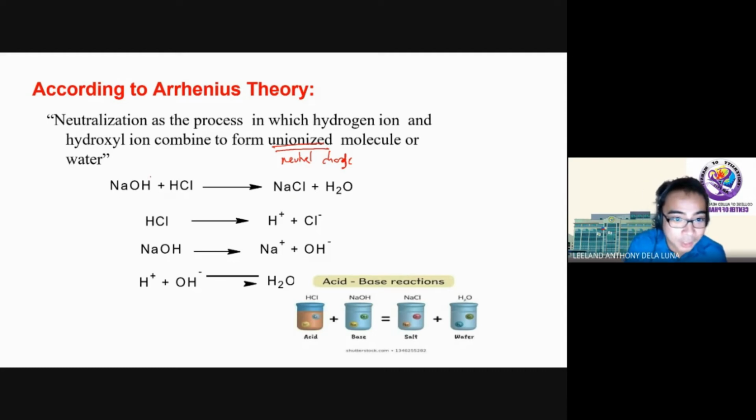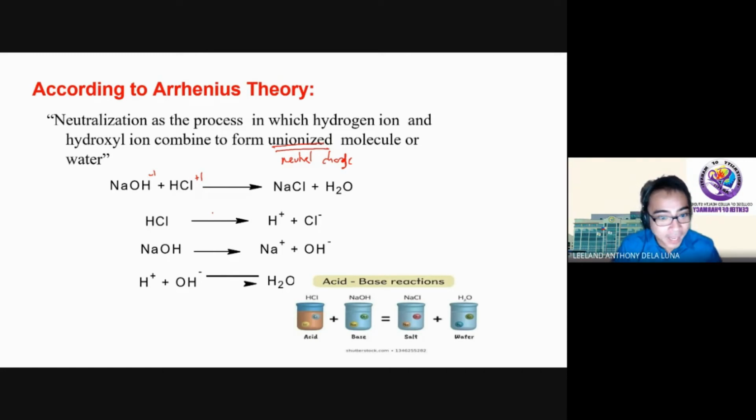Kasi kanina yung combination ng sodium hydroxide and hydrochloric acid, kitang-kita niyo yung charge nilang dalawa. Sodium hydroxide is a base, -1 siya. Si hydrochloric acid may excess protons, so positive yung charge niya. So this is a base and an acid. Once combined, they form a salt which is neutral and we say it's unionized. Hindi siya naghiwalay into its charges.